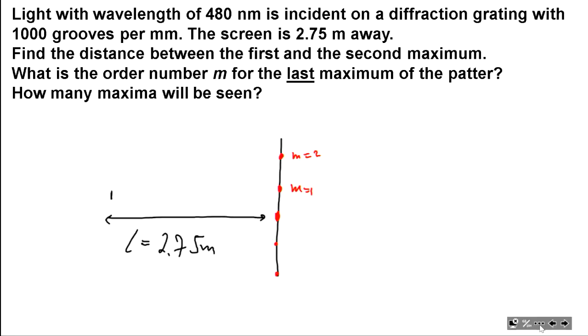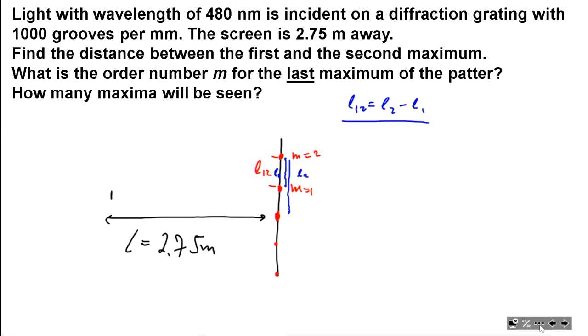We need to calculate this distance from first to second, L12. Now, of course, geometry tells us immediately L12 is equal to the difference between the distance from central to second and the distance from central to first. That's geometry, not physics.